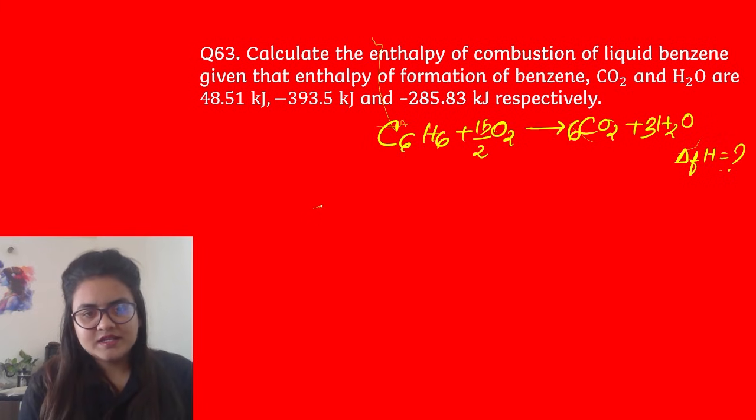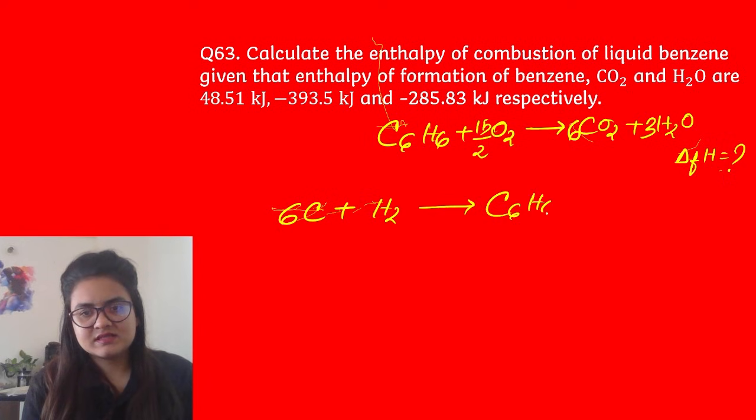Let's form the benzene at first. The first equation is something like 6 carbon plus 3 H2 will create C6H6. For this case, the enthalpy is given as plus 48.51 kilojoule.